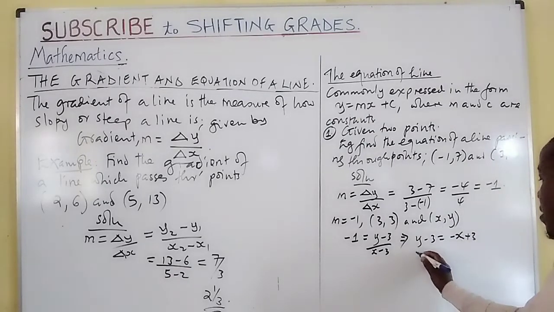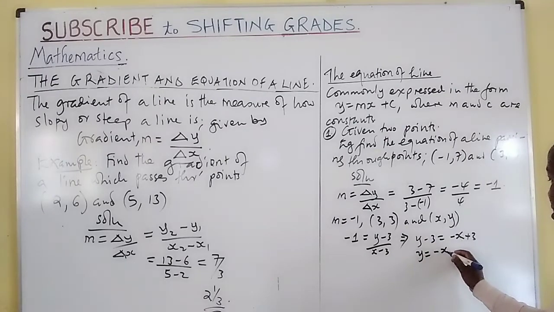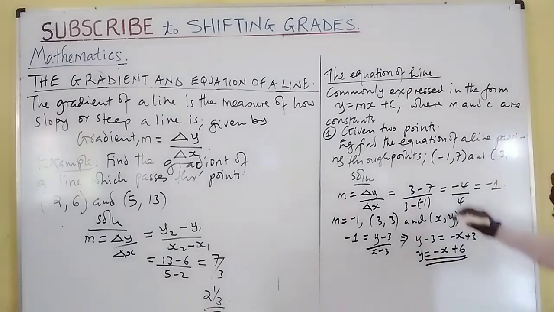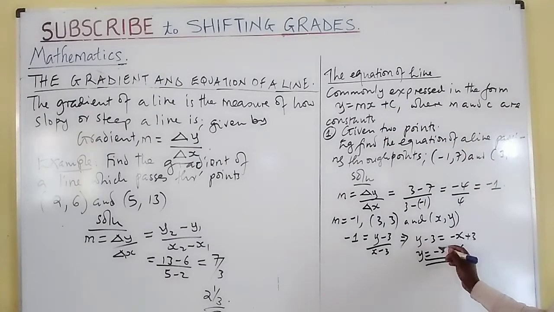So now to remain with y on its own, y is equal to negative x plus 6. Because this is minus 3, it becomes a positive. So this is the equation for that line in the form y = mx + c. Here m is negative 1, and it gives us the gradient of the line when an equation has already been expressed.